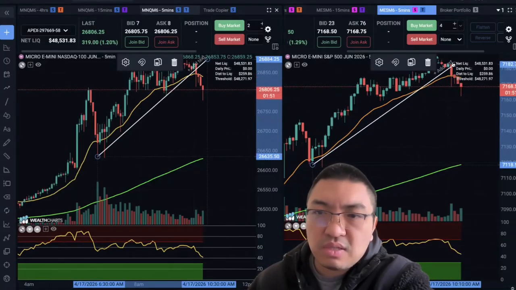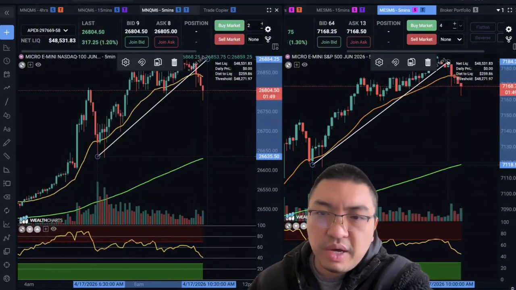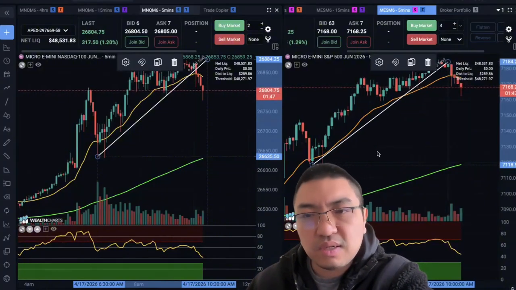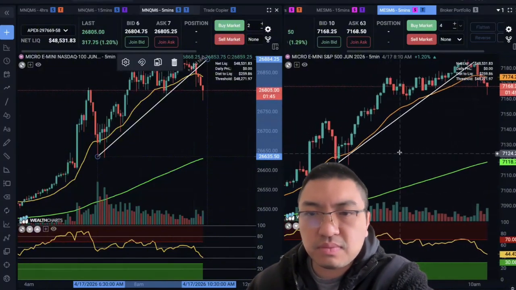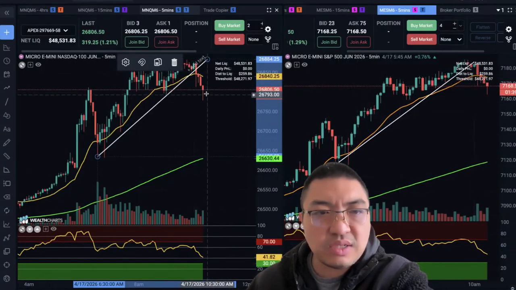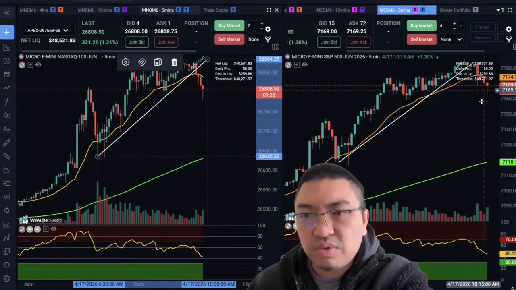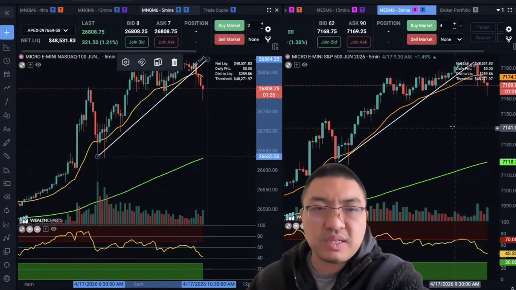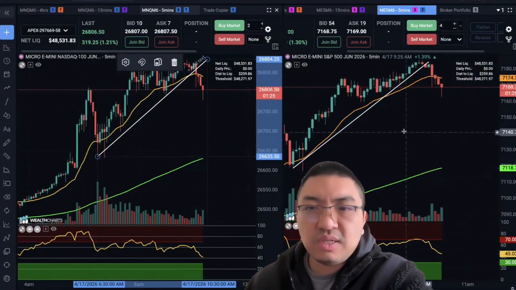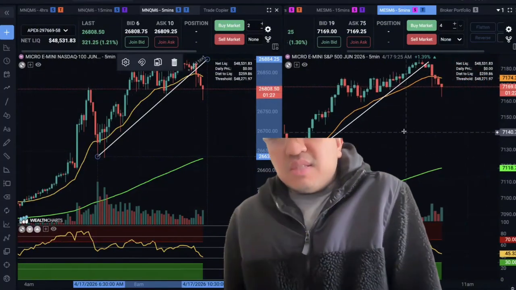The thing is that this is very difficult to check because, oh, it looks like ES has more intention to go up. See, it has already retested this resistance for NQ, but for ES, the resistance from the market open is here, which is far away, and it got some rejection, which means the buyers are still very strong.